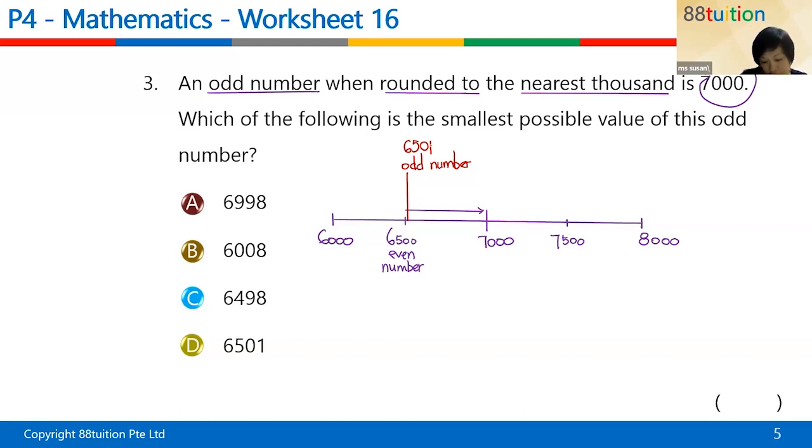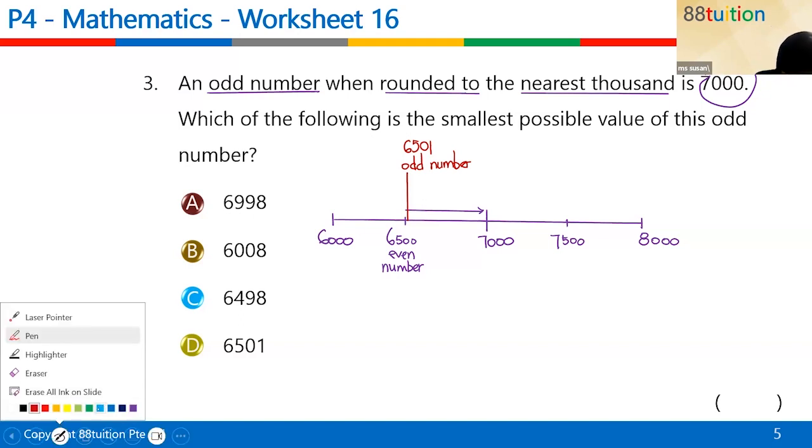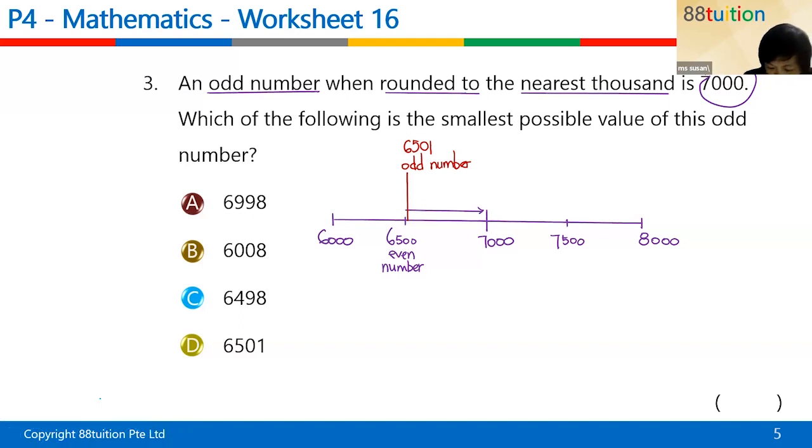Then you will say, why do you choose 6,501? Why not 6,499? Why can't we do that? This is something in addition to what you are learning. 6,499 is also an odd number. Why can't we use this? No, because 6,499 will be nearer to 6,000. It won't go to 7,000. So this is out.